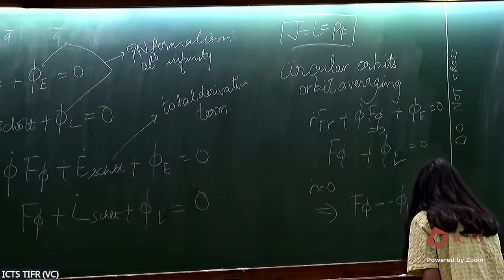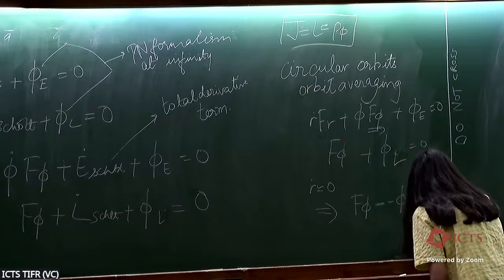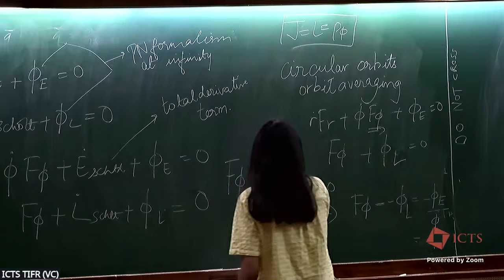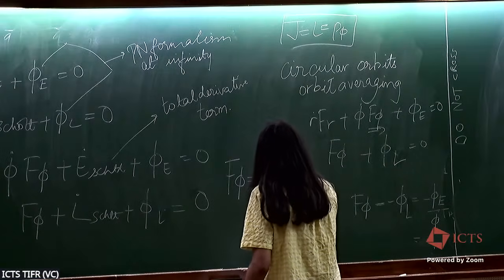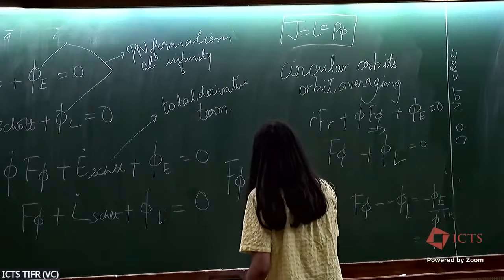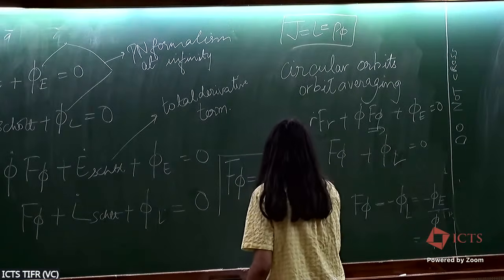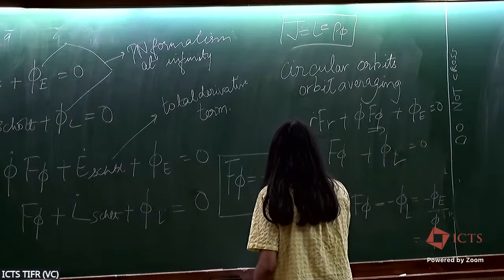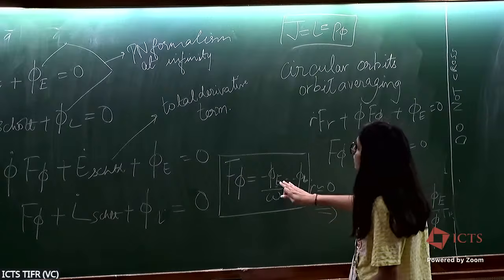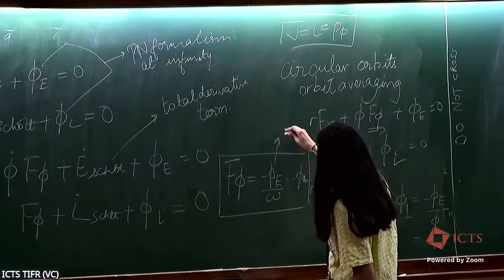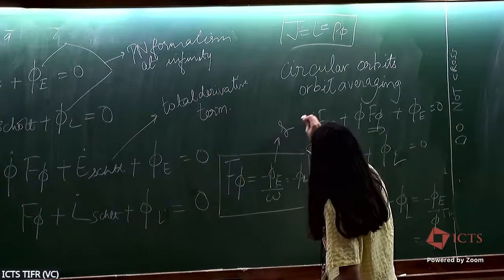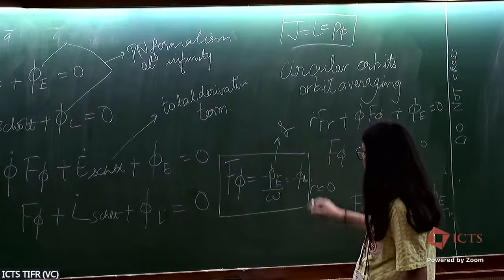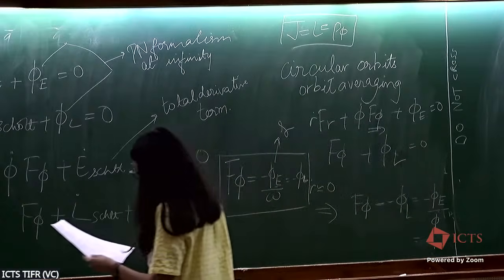So we have Fi equals minus of phi e divided by omega equals minus of phi of L. And we know that this energy flux is nothing but the luminosity that we saw in lecture 1 as well. So this force, Fi, is nothing but the luminosity over the orbital frequency omega.